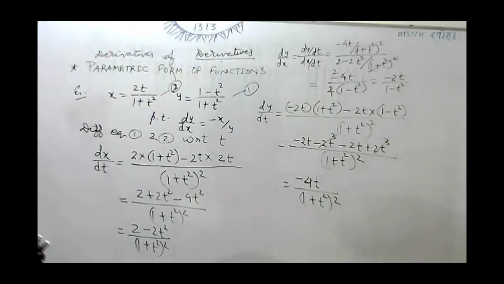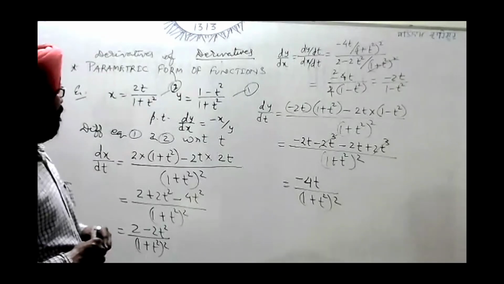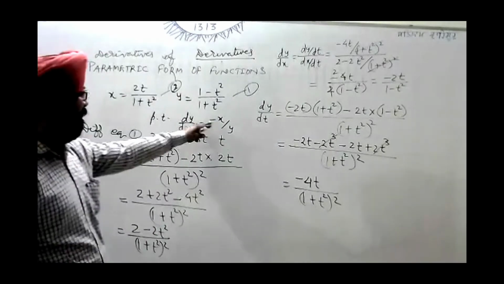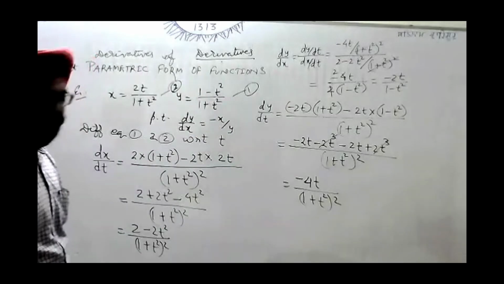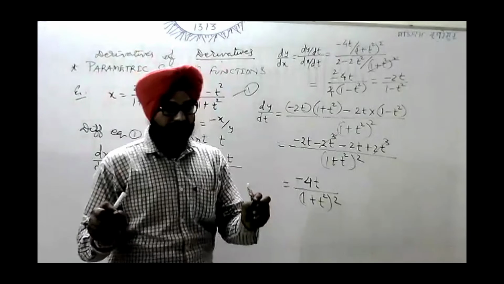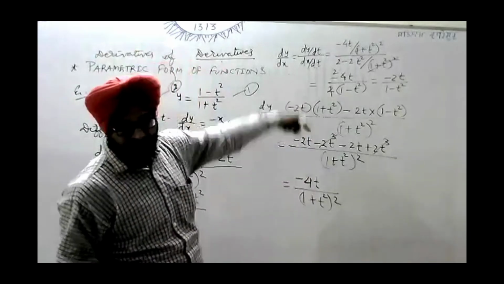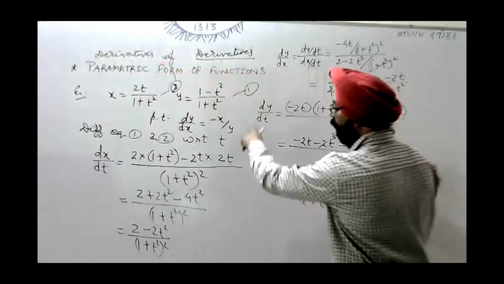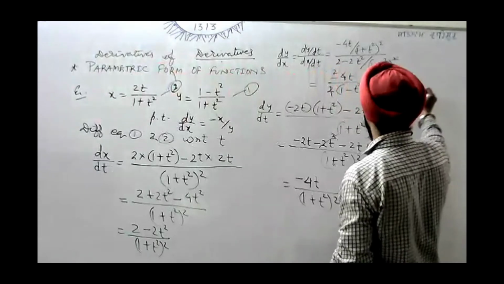Now what can I do here? What is left with me? We are told to prove this is equal to minus x upon y. So how to solve such cases? We have got the value of dy by dx, call it 1, 2. So take this as 3.